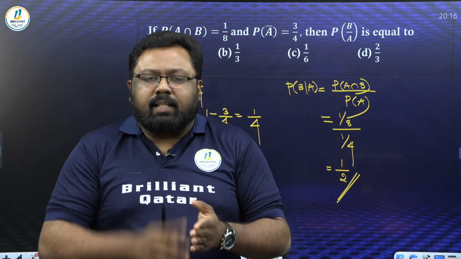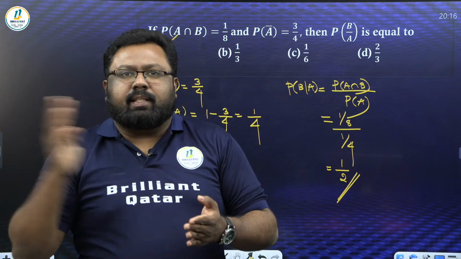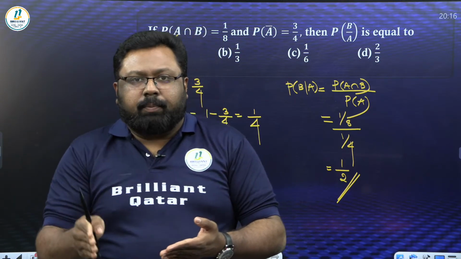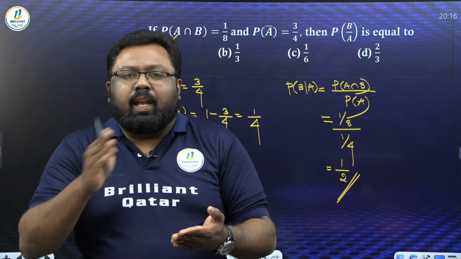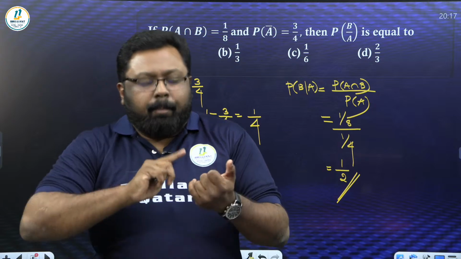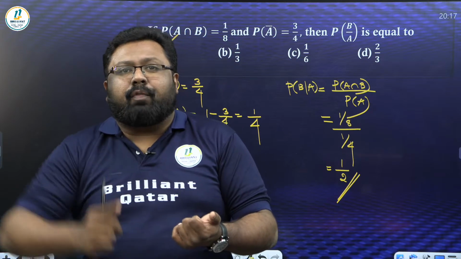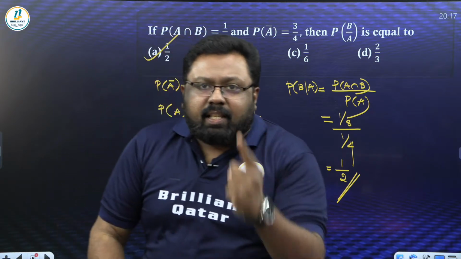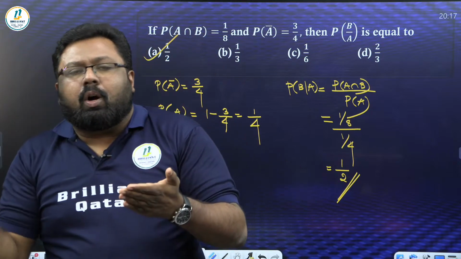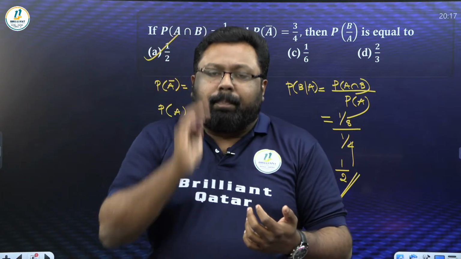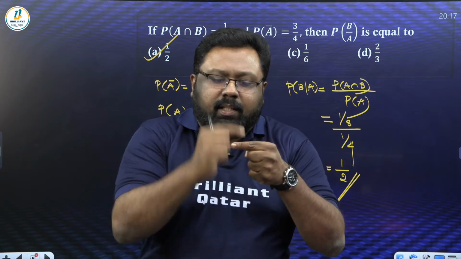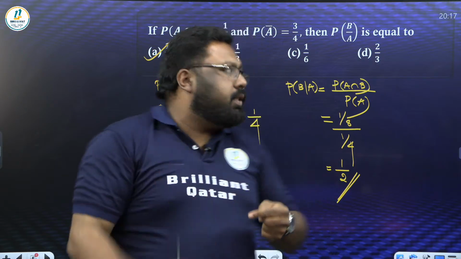All these formulas have something to do with A intersection B. And this year again, theorem of multiplication: P of A by B into P of B equals P of A intersection B. Independent events: P of A intersection B is equal to P of A into P of B. P of A intersection B is the only concept which runs through all the concepts of probability. So please learn those formulas thoroughly. They will ask a question revolving around P of A intersection B.